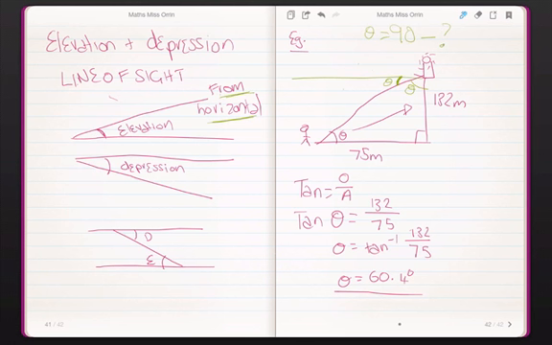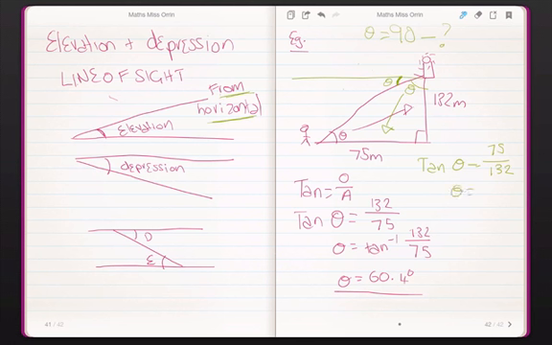So we would still use tan, and we'll figure out this angle here. So tan theta equals, this time we want opposite, 75, over adjacent, which is 132 this time, because we've changed where the angle is. So the opposite and the adjacent are swapped.